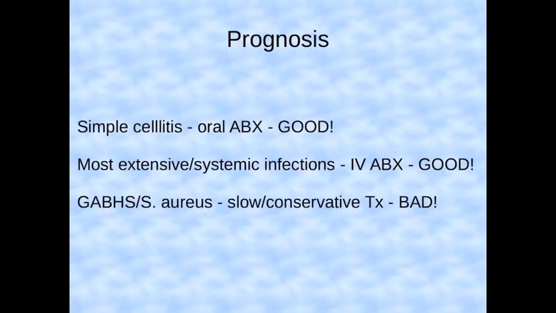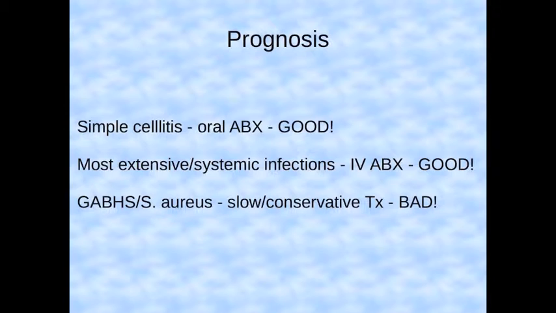Simple cellulitis, prognosis for that, oral antibiotics should be good. Should respond quickly and effectively in almost all cases. For really bad cellulitis, still you start an IV antibiotic, should be pretty quick and positive prognosis.